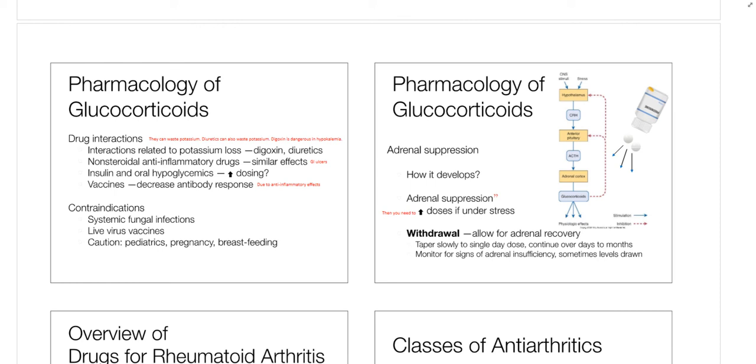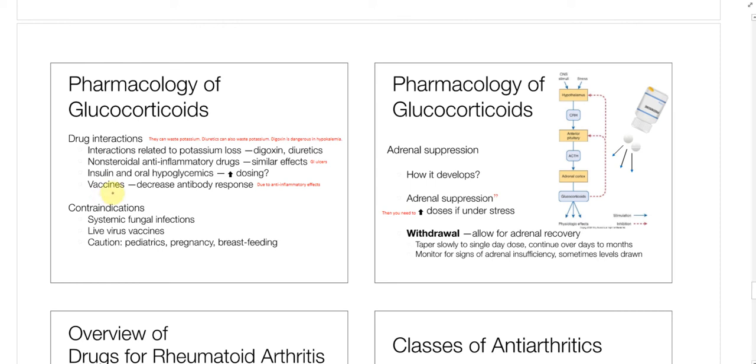And an important thing to think about in the hospital setting is that a patient who's taking glucocorticoids may have to be on a temporary prescription of insulin because of their irregular blood sugar levels.